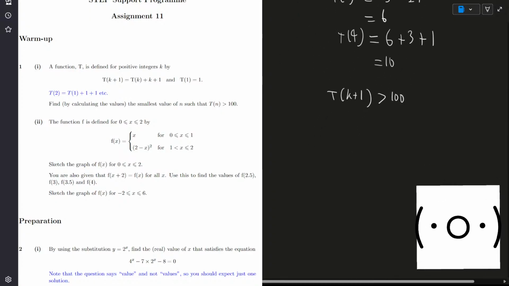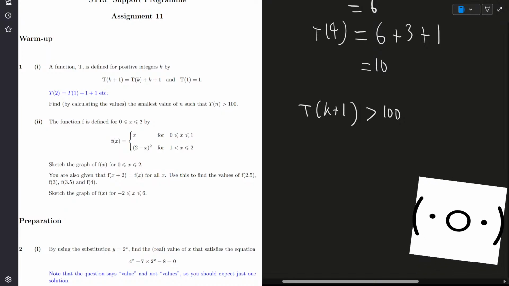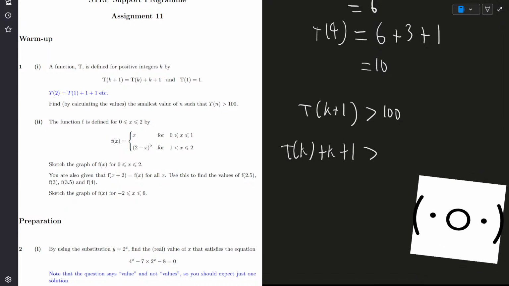So let's try and do this without just brute forcing it, because brute force is never any fun. So that means it's t of k plus k plus 1.